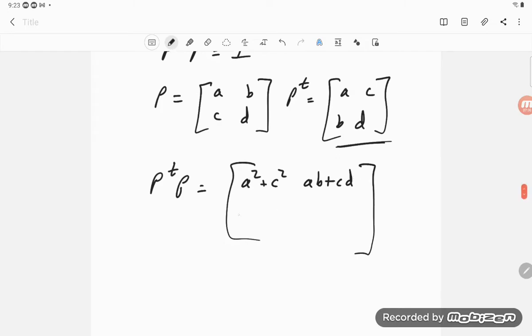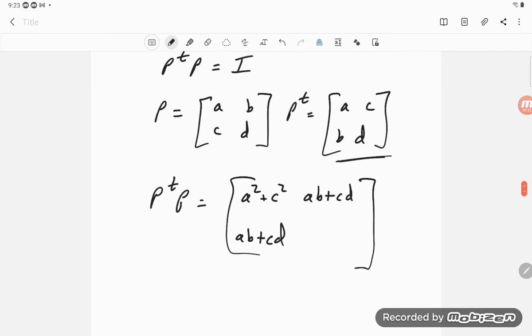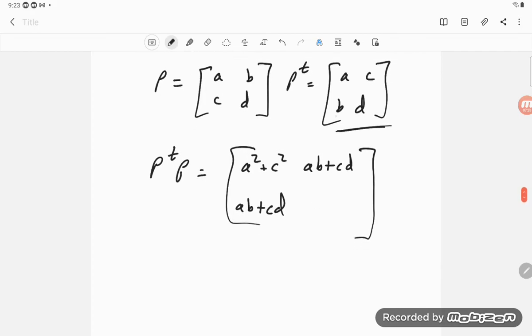Then the bottom row, BD, and so I get AB plus CD. And then finally, we have B squared plus D squared.